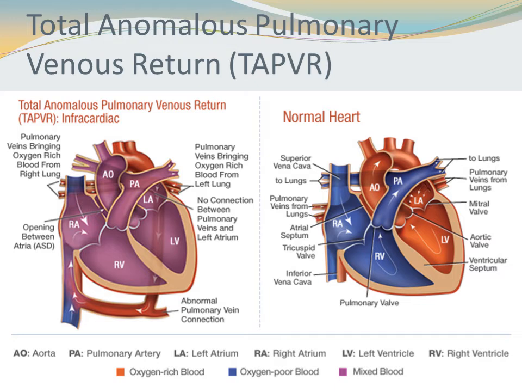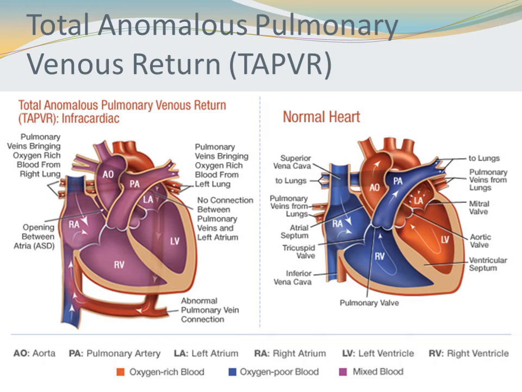Instead of the pulmonary veins bringing oxygen-rich blood from the lungs and opening into the left atrium, they open into abnormal pulmonary vein connections, into an abnormal chamber or an abnormal vein which opens into either the superior vena cava, which is seen in the supracardiac type, or directly into the right atrium, which is also called the cardiac type of TAPVR, or into the inferior vena cava, which is called the infracardiac type of TAPVR.